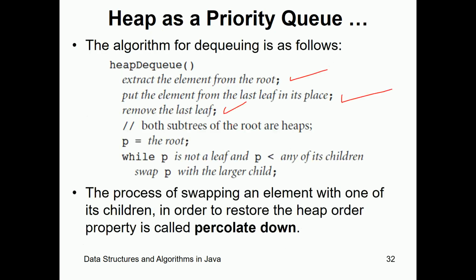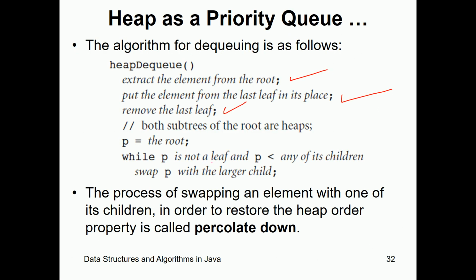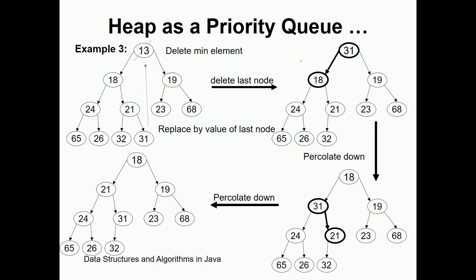After that, we just start from the root, and while this is not a leaf and the root is smaller than any of its children, we'd like to find which one is the smallest, then we swap with it. Well, basically this is like a max heap, because this swaps with the largest child. And actually the way this is done is kind of confusing, because sometimes they put a rule for the max and then the example is for the min.